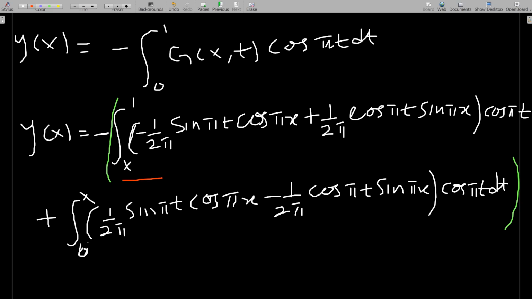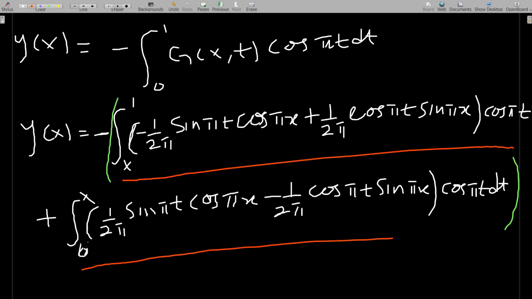So we pick the whole of this, integrate it, and add it to the integral of this.